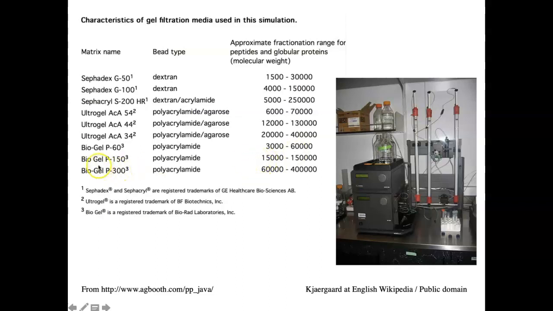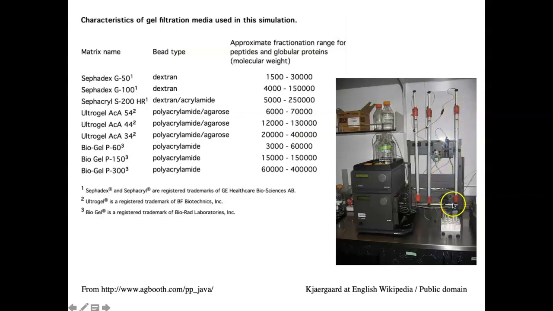And then there is a gel with different size pores or different amount of cross-link on polyacrylamide, 15,000 to 150,000, or there's even one with probably larger pores that separate 60 to 400 kilodaltons.